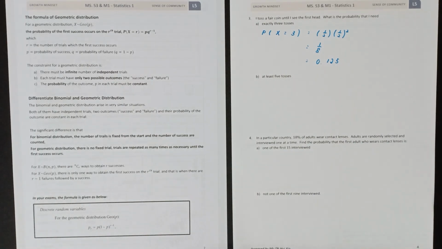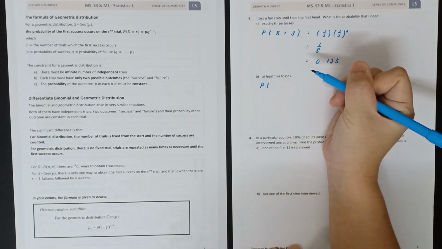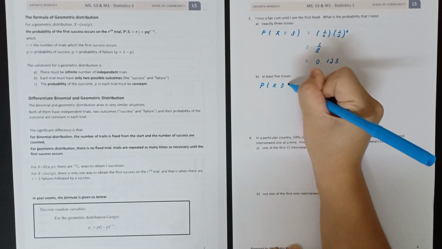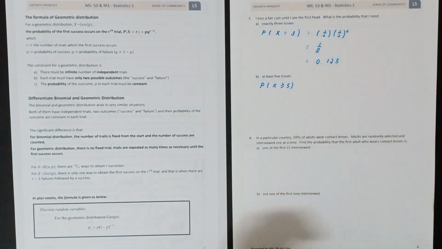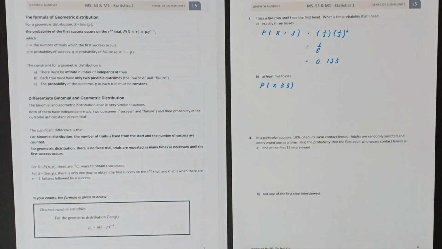Okay, the probability for at least 5 tosses. What does that mean? It means your first success happens at the 5th toss or more than the 5th toss. You get it? So at least 5 tosses means the first success happened at the 5th toss or more than that. Okay, so how do we find this? Yeah, you can have 2 ways also.